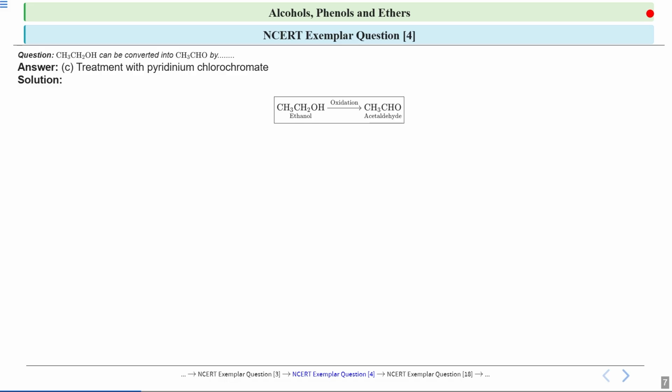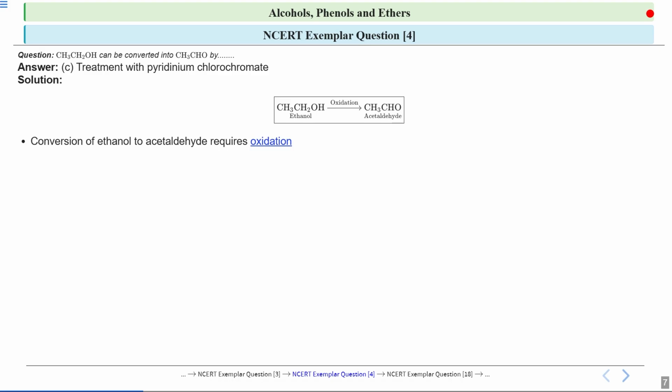You can think of oxidation as gaining oxygen or losing hydrogen. So when alcohol is oxidized to acetaldehyde, oxidation is taking place. So conversion of ethanol to acetaldehyde requires oxidation.